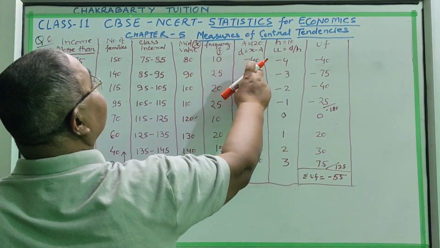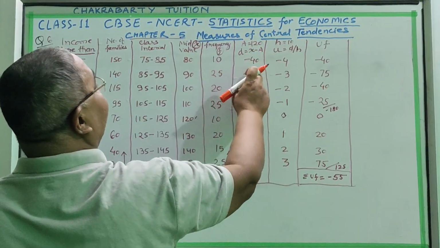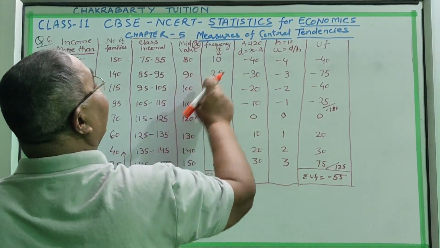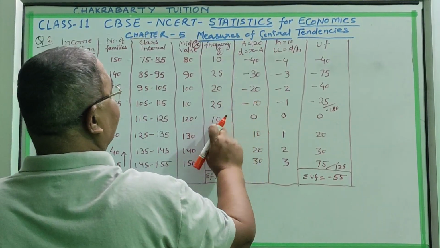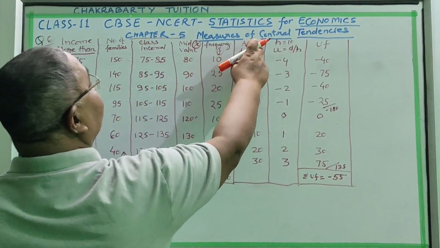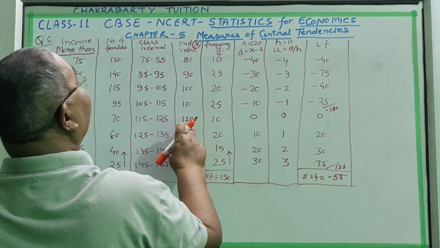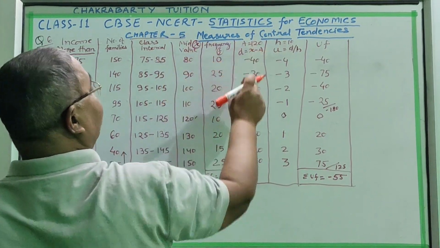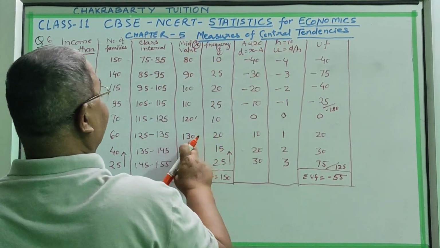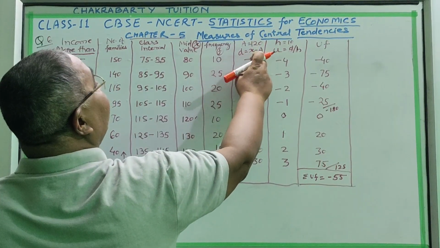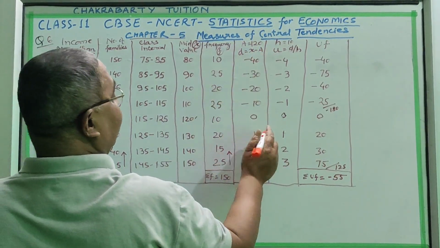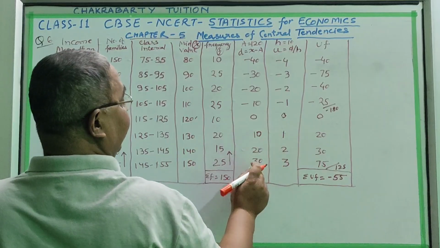That's why a negative answer is coming, because 120 is higher. Like this we have 110, we reduced 120, so minus 10 will come. Here it will of course be 0, because x and a are both 120, the same, so it becomes 0. Then here x is 130, a is 120, so it will come 10 only. Likewise we have made it.